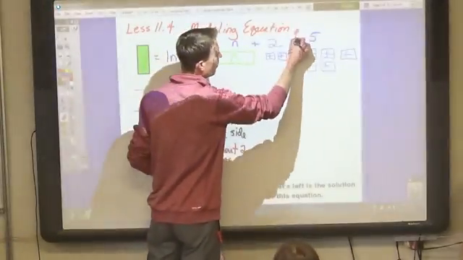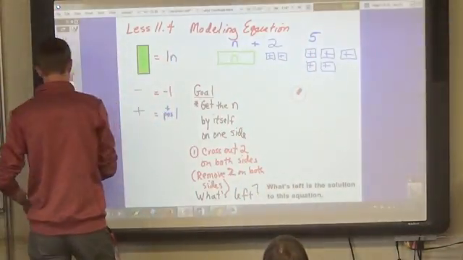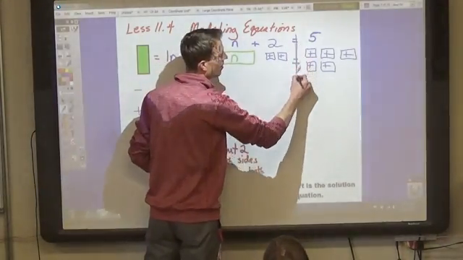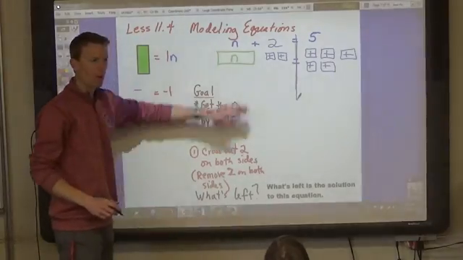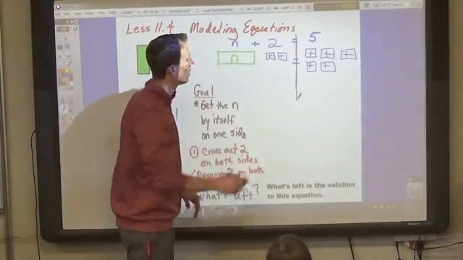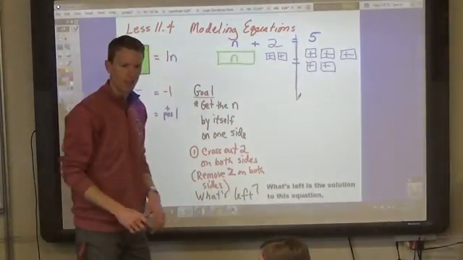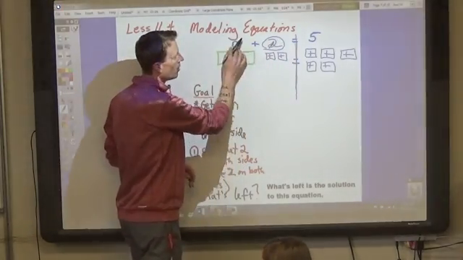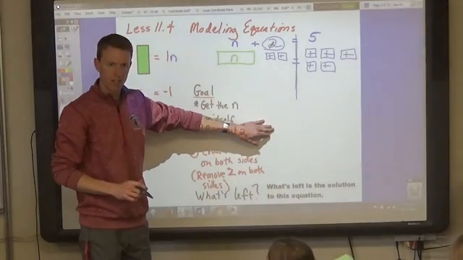What does this line represent? Oops, I shouldn't have erased that. What does that line represent? It represents the two sides, the left side and the right side. So we need to get rid of the 2 so that just n is left on this side.